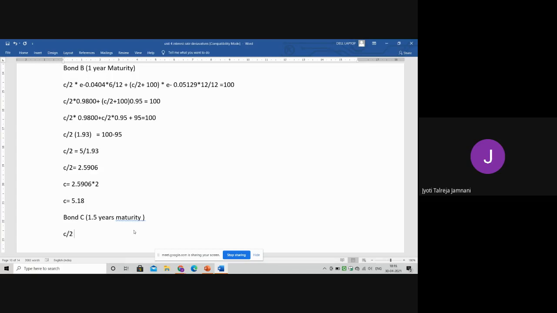C by 2 into e raised to minus 0.0404 into 6 by 12, plus C by 2 into e raised to minus 0.05129 into 12 by 12.